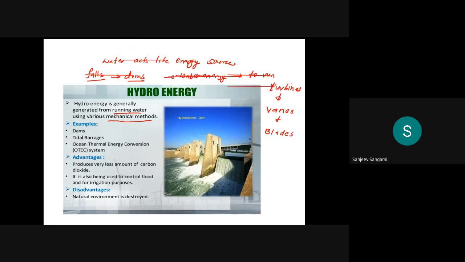Normally these vanes are connected to the drum, which you can also call the rotor.